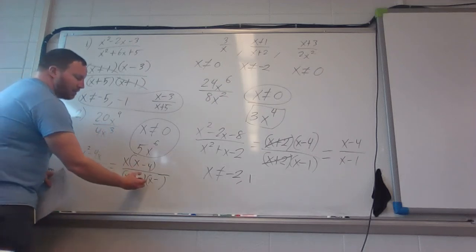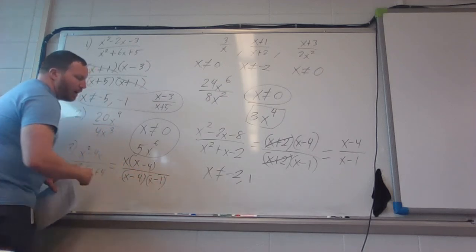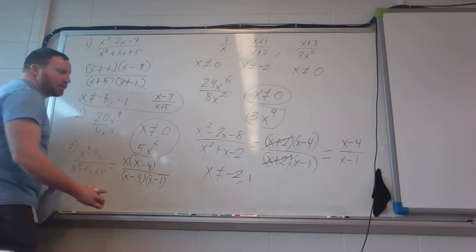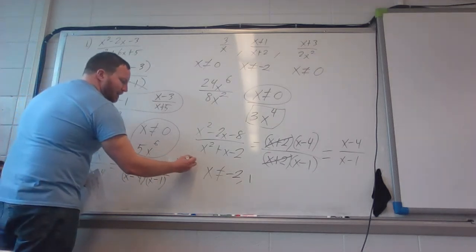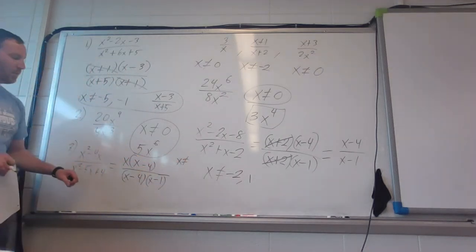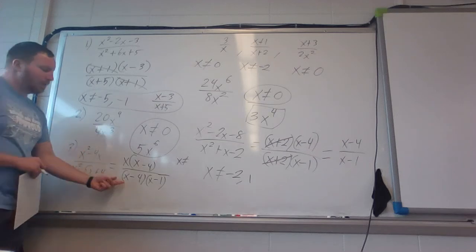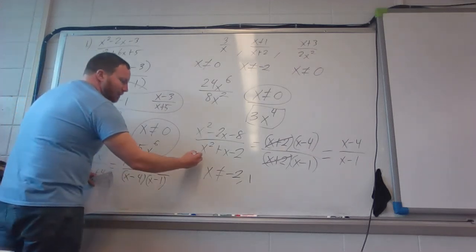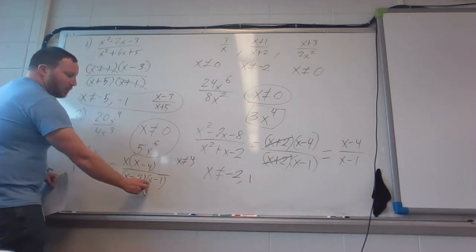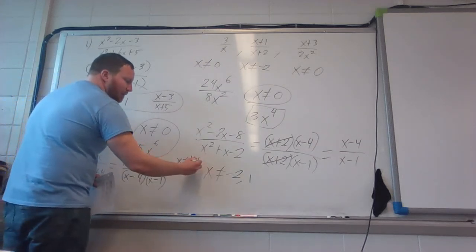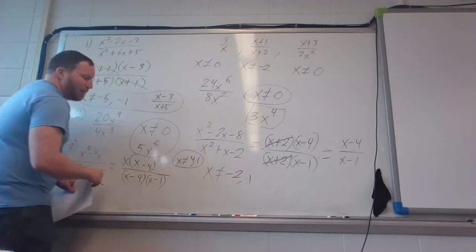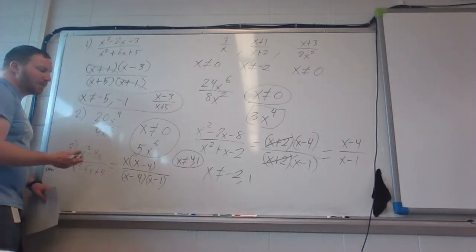Well, that would be 4 and 1. So my excluded values, x cannot equal the positive 4. 4 minus 4 gets me 0. So 4 and 1 minus 1 gets me 0. So there's my excluded values.